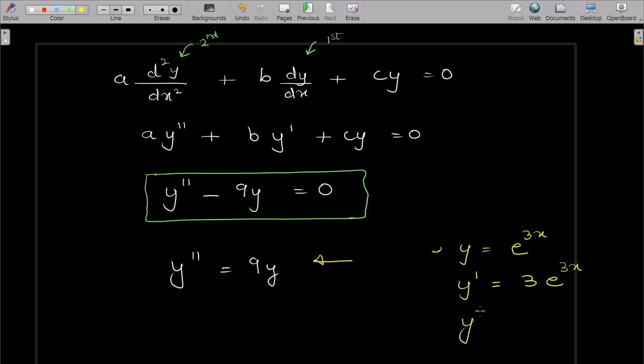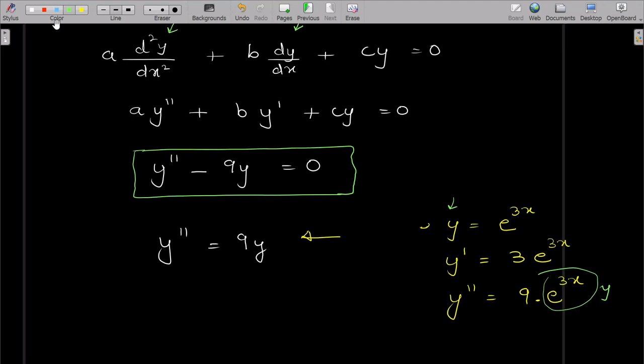And if I take its second derivative, that's going to be 9 times e to the power 3x, and this e to the power 3x is nothing but y. So my double derivative of y is equal to 9 times y.